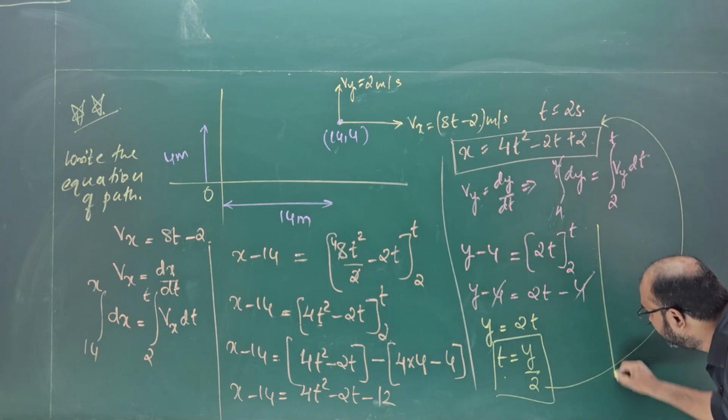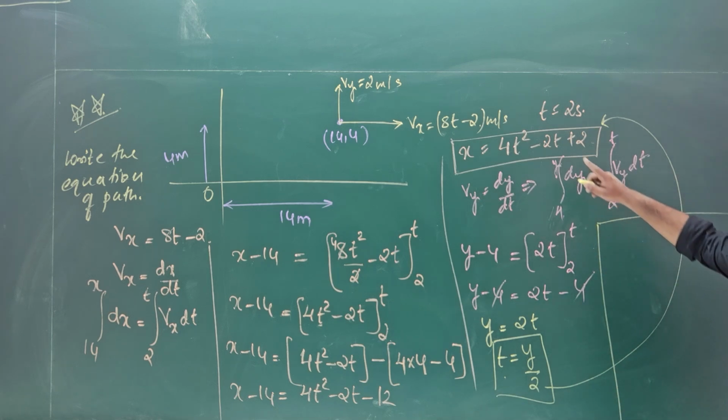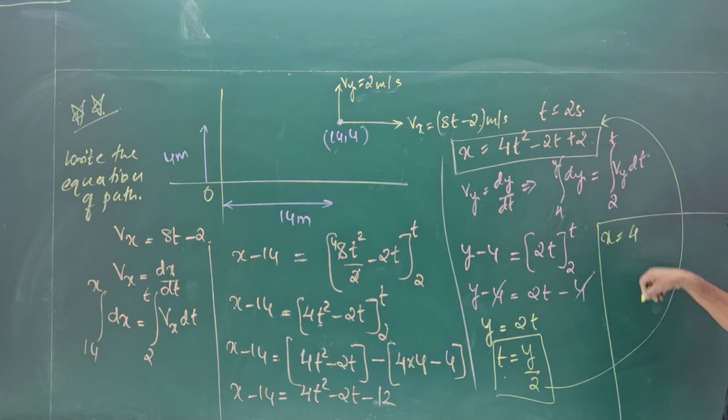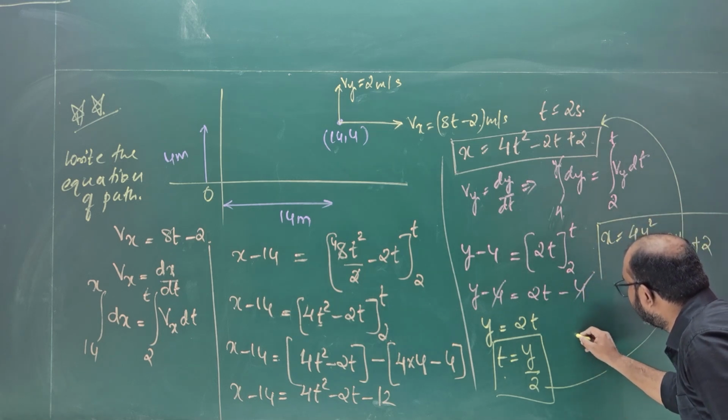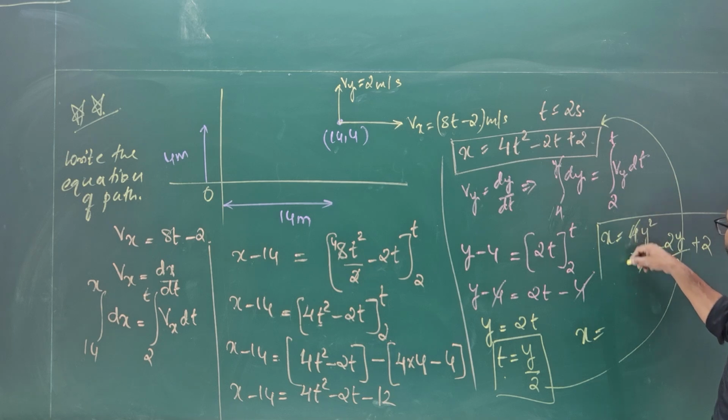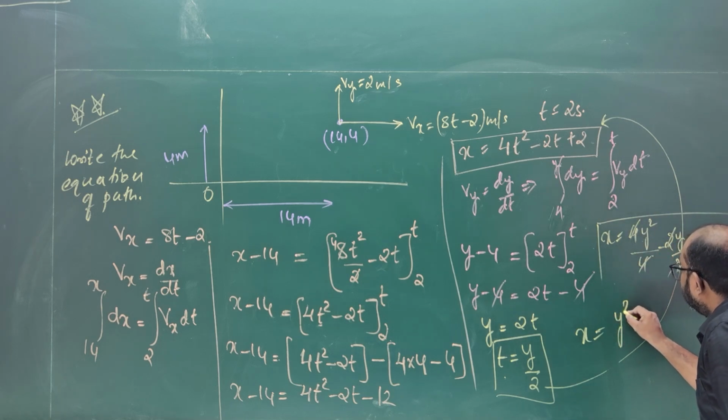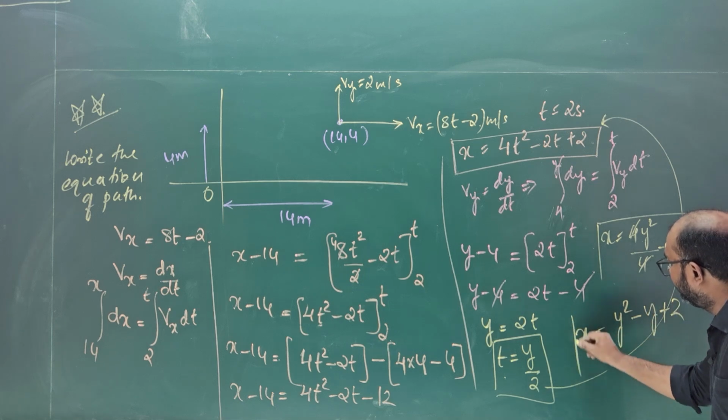So the final value: x is equal to 4 times t square, and t is y upon 2, so y square upon 4 becomes the square term, then minus 2t, so 2 into y upon 2, plus 2. So the final x value is, 4 and 4 get cancelled, 2 and 2 get cancelled: y square minus y plus 2.